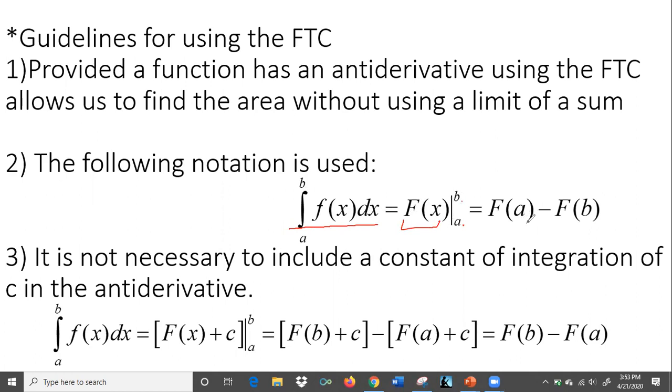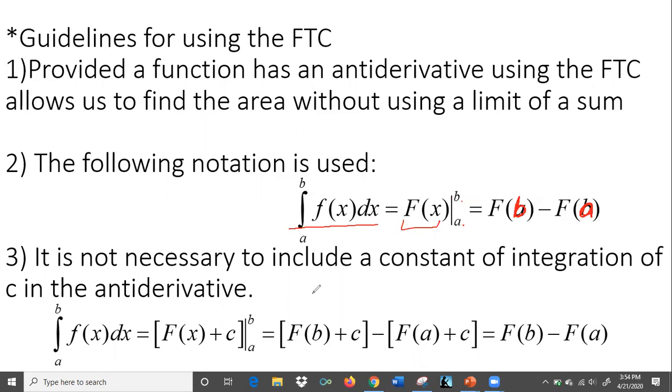That means that we're going to take, dang it, I wrote that wrong. Of course, I knew I was going to do something wrong here. It's F of b minus F of a. So we have the integral of f of x dx from a to b. It's going to be the antiderivative from a to b, which is equal to the antiderivative of b minus the antiderivative of a.